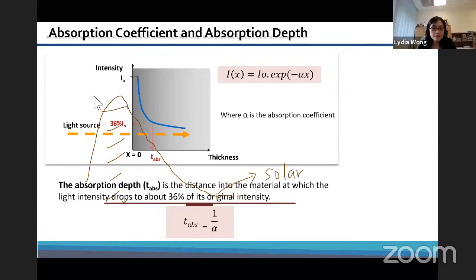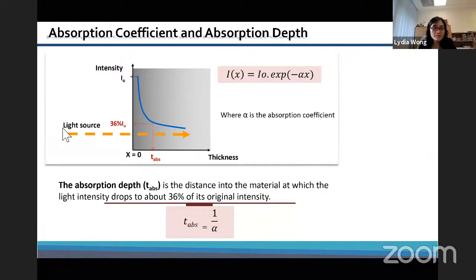Okay, let me just erase this. What is the definition of absorption coefficient? So absorption coefficient measures how much photon is absorbed per unit length, right?